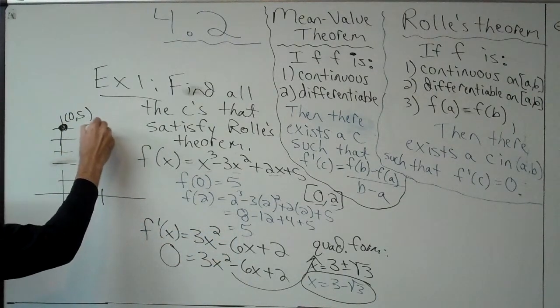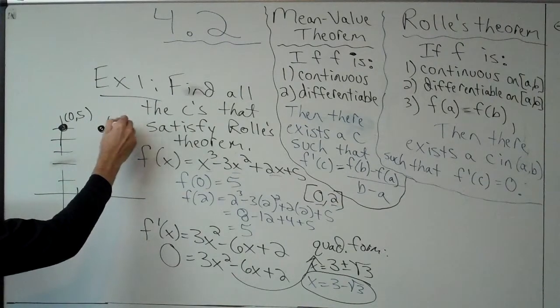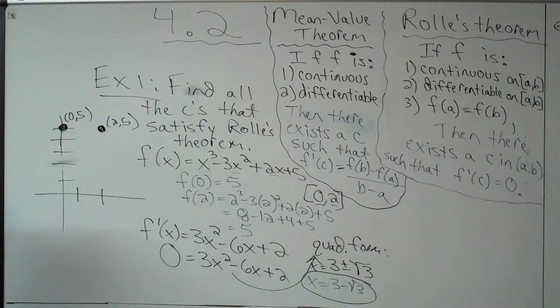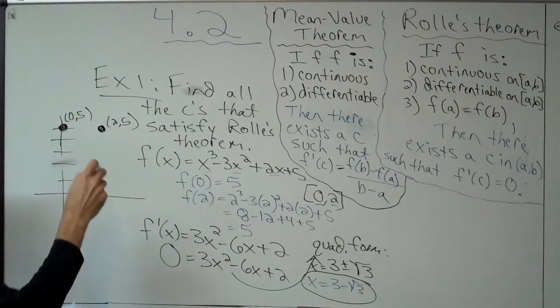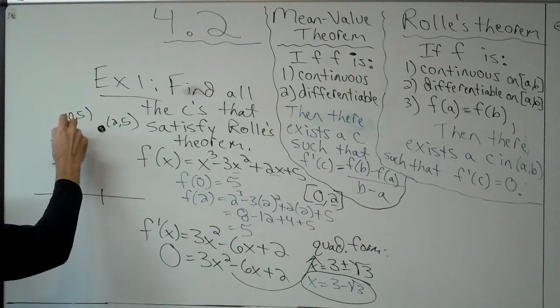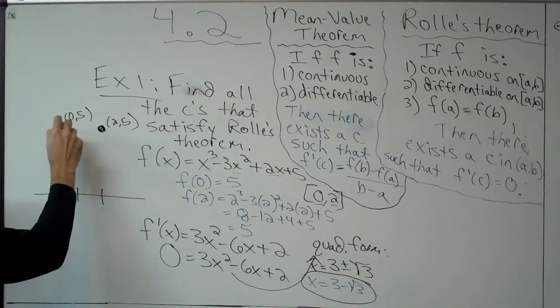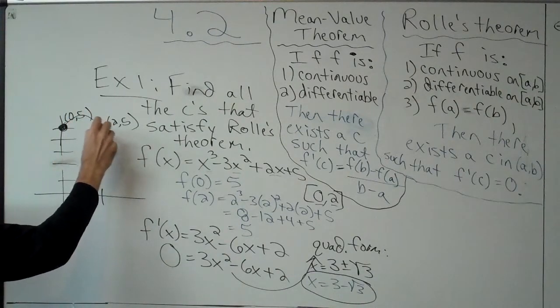So 2, 5. In between there, the graph goes a little bit like that, maybe something like that.